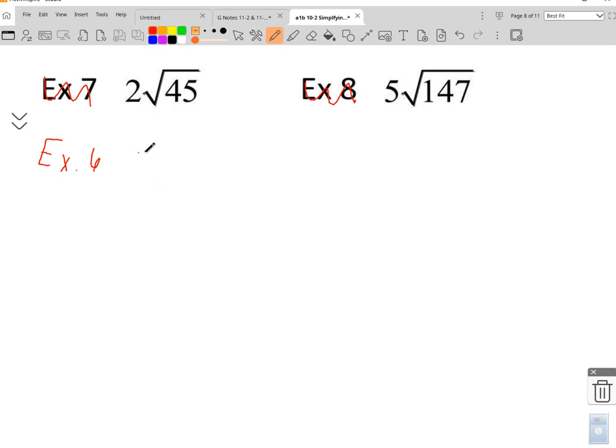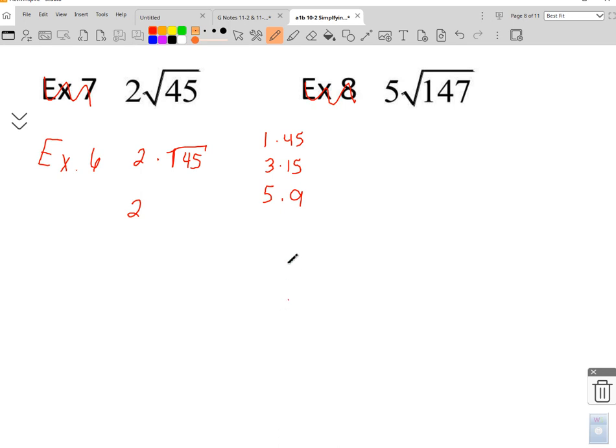This is the same as 2 times the square root of 45, right? Does that make sense to y'all? Remember, you don't need that there. We have to include this 2 in our answer, but we have to simplify this radical first. So 2 times, so the factors of 45, 1 and 45, 3 and 15. Any perfect squares yet? No. 4 is not. 5 and 9. Any perfect squares yet?